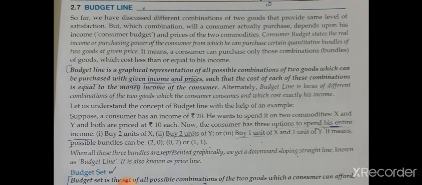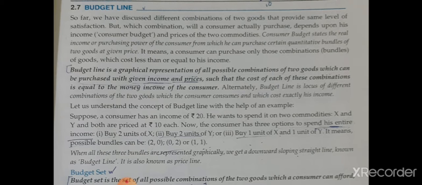So consumer budget states the real income or purchasing power of the consumer from which he can purchase certain quantitative bundles of two goods at a given price. It means a consumer can purchase only those combinations or bundles of goods which cost less than or equal to his income.